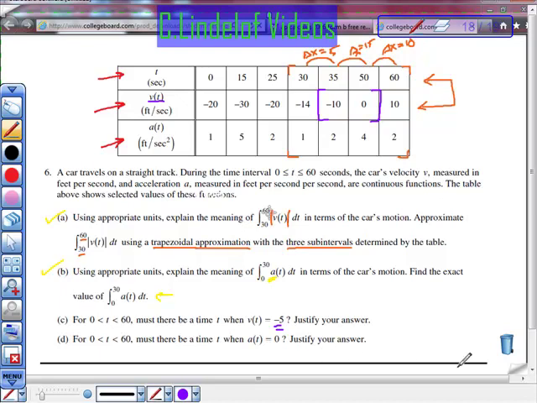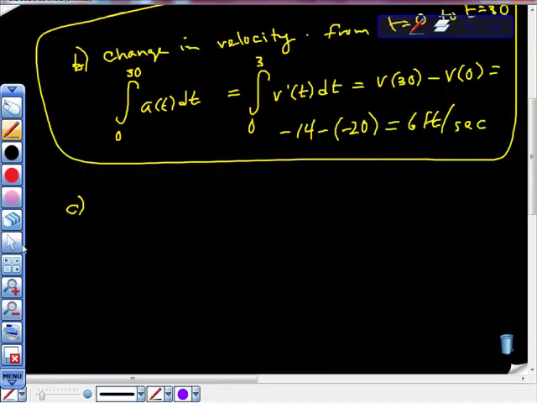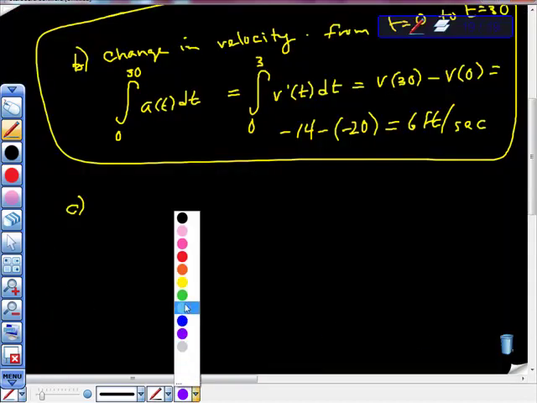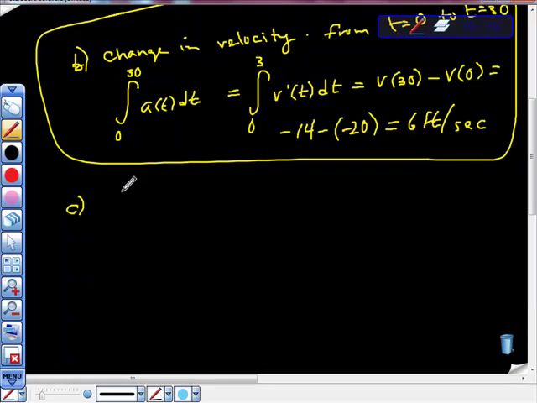So this is how I would answer this question, I think. I would write C: at t equals 35, v of t equals negative 10.